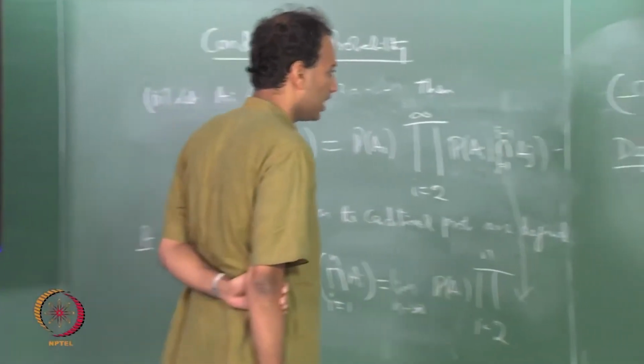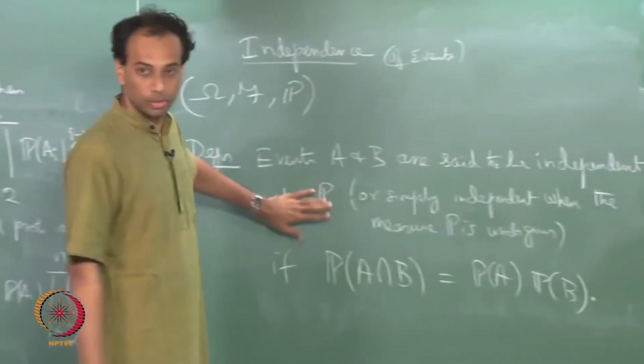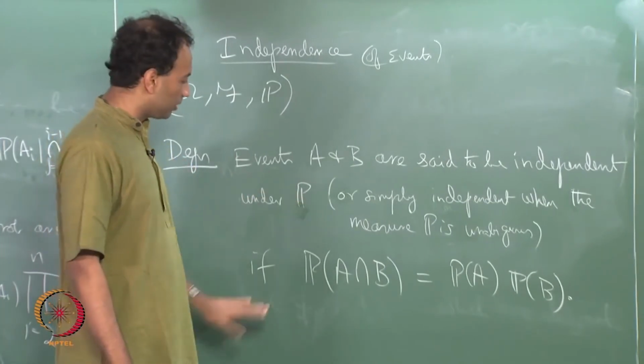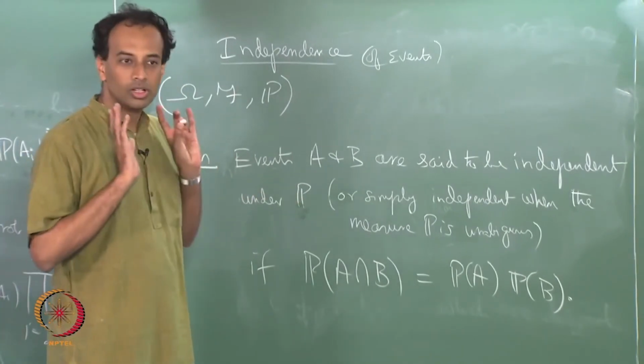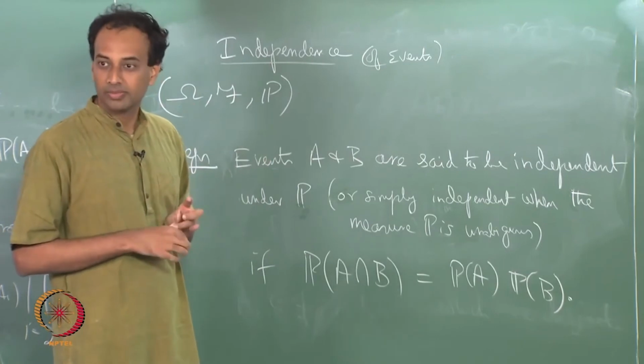You say that A and B are independent under the probability measure P if the probability of A intersection B is equal to the probability of A times the probability of B.